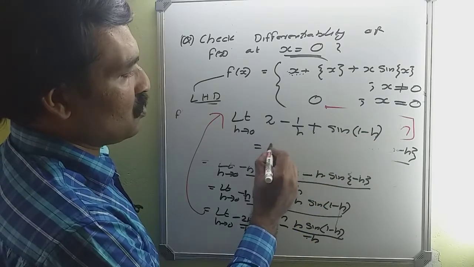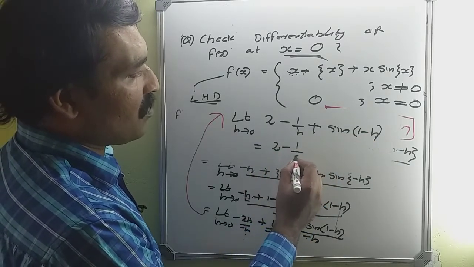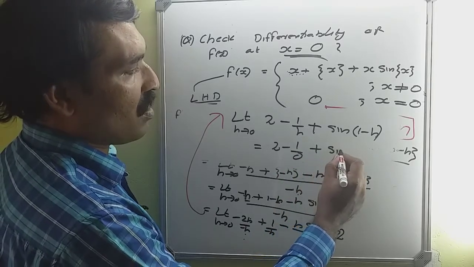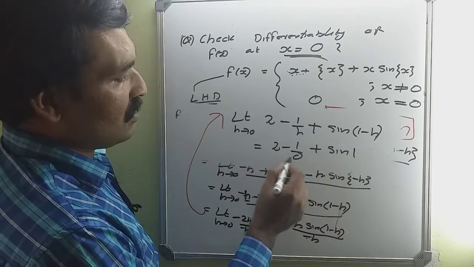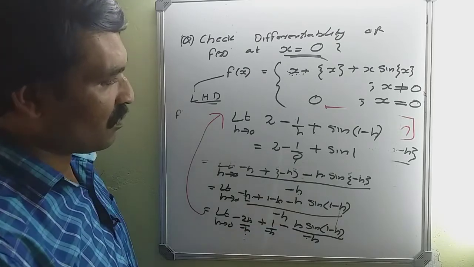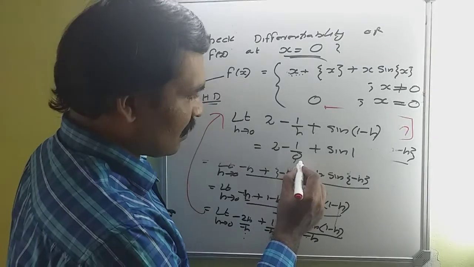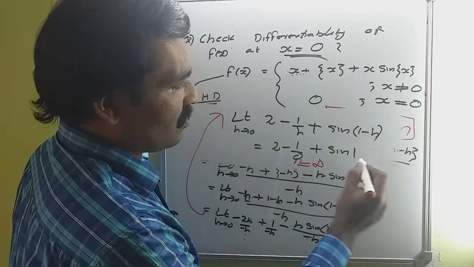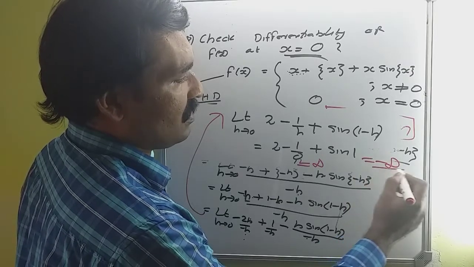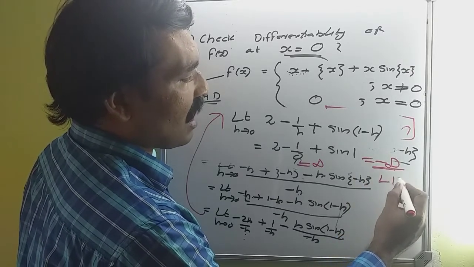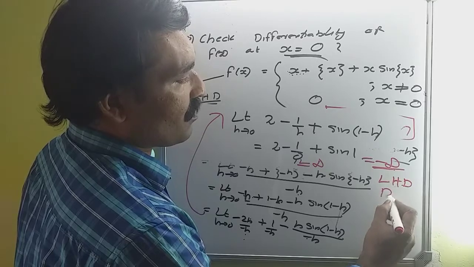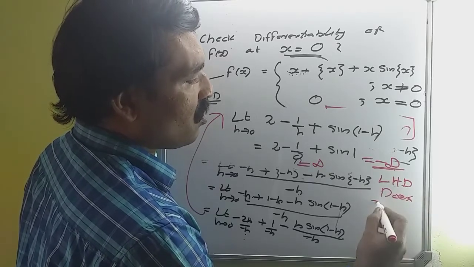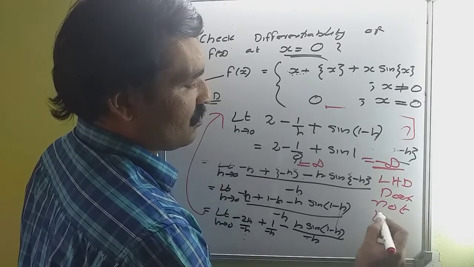That is equal to 2 minus 1 by 0 plus sine 1. This term, minus 1 by 0, is equal to infinity, so the answer is minus infinity. So the left hand derivative does not exist.